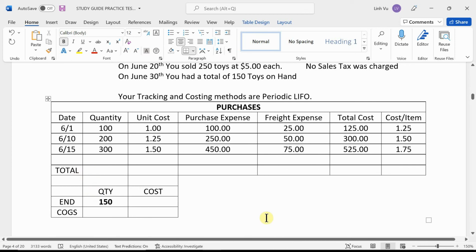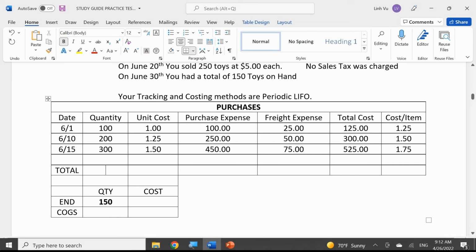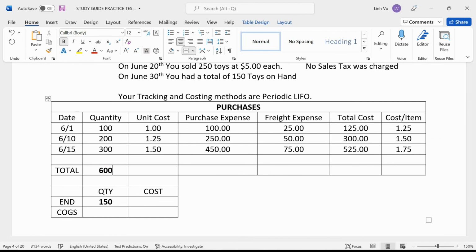What was the total amount that you purchased? 600. We bought 600, at a total purchase price of 800. What's my total freight? 150.